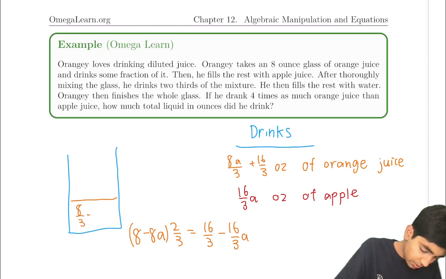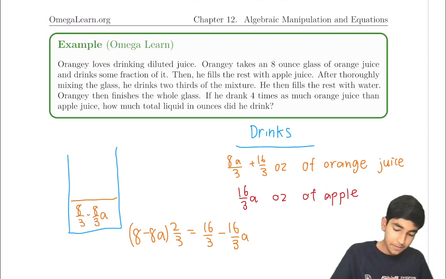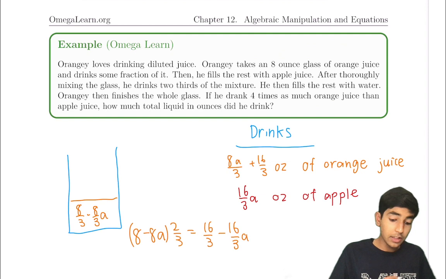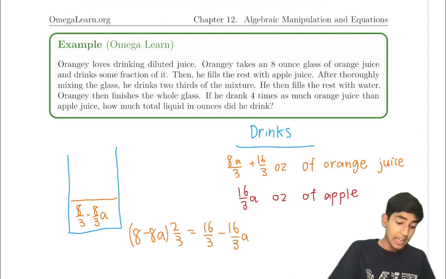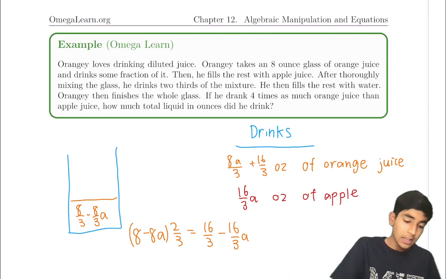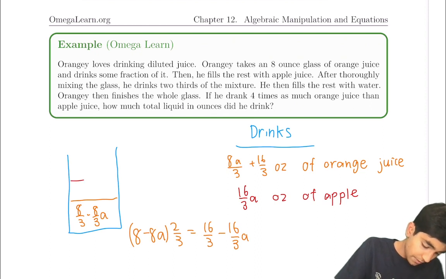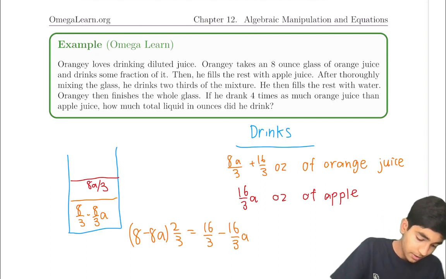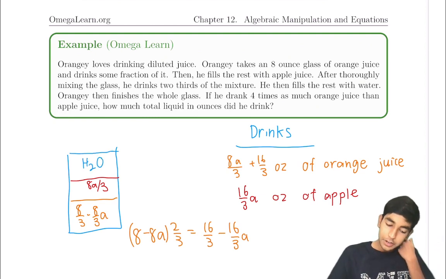And also he has 8A over 3 apple juice left, right? Okay, and he fills the rest with water, H2O. And he then finishes the whole glass.